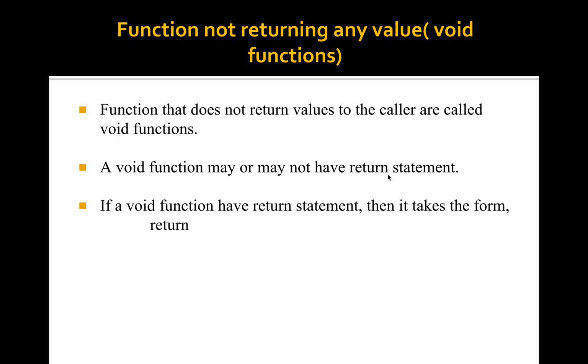We are not returning any value to the caller, so we can simply use a return statement, or we can leave it out. That is why it is written that a void function may or may not have a return statement. If a void function has a return statement, it takes the form return. No need to specify any literal, expression, or variable. Just write the keyword return.